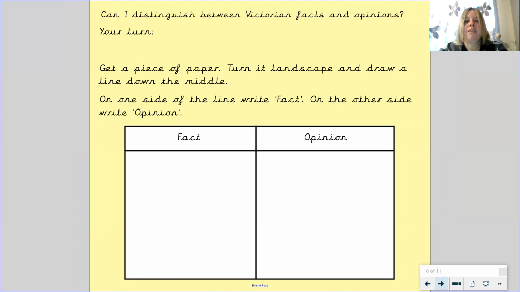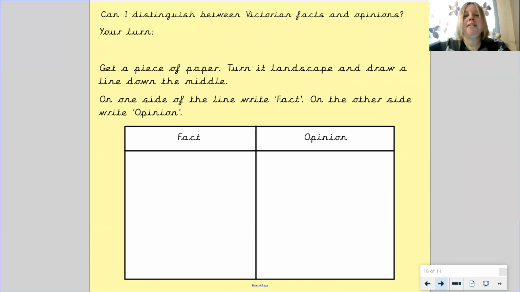Your turn. What I'd like you to do is get a piece of paper and turn it around so it is landscape. So I've got my book here. If you're doing it landscape, you need to have it facing that long way for me so that you are able to draw the table.